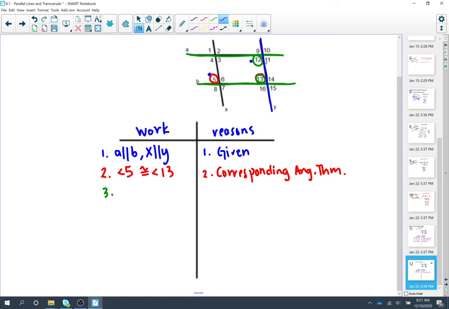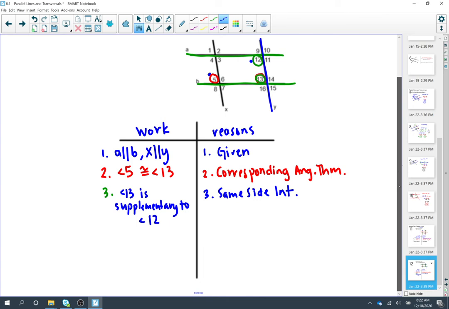So they are same side interiors. And we know that same side interior angles are supplementary. So I can say angle 13 is supplementary to angle 12. Oh, I guess we don't really need the period.